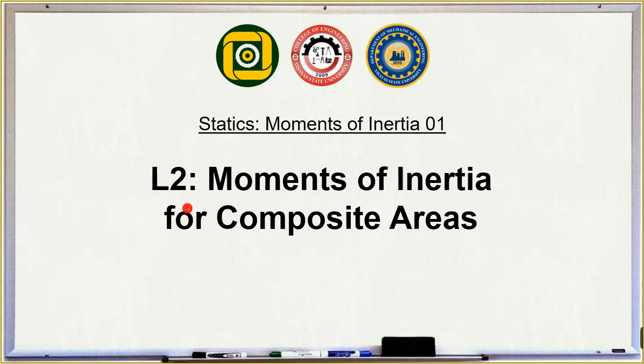But in reality, of course, most objects that we've seen are composed of 2 or more figures. So in this lesson, we are going to solve its moments of inertia.